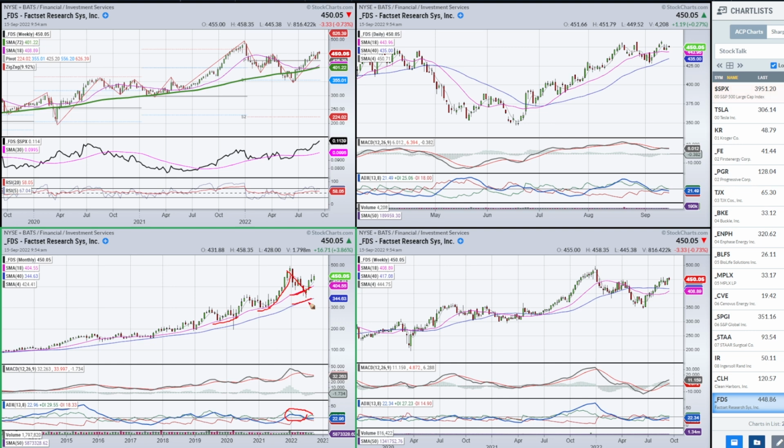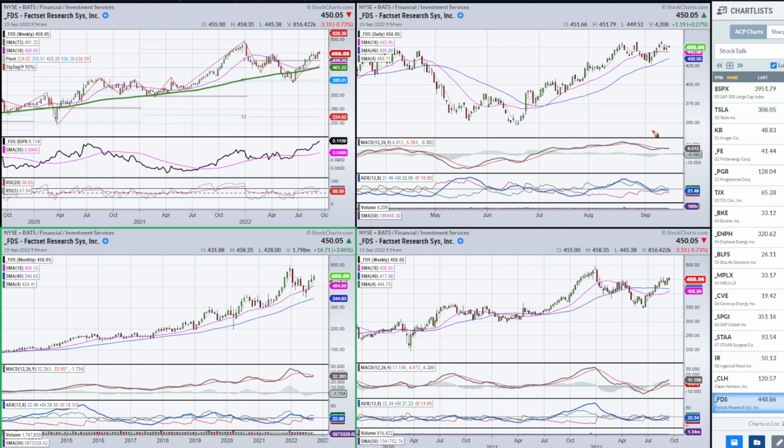The pullback wasn't all that bad because we go through an ABC decline and ADX could barely get to 25. All right. Now we had overrun on the downside here, but look, we're back above the zero line in MACD. I still think this would be better to come back a little bit closer to the 18-week line, but I think we have to respect what's going on here. There's a lot of improvement.